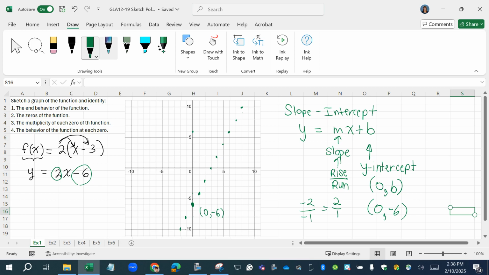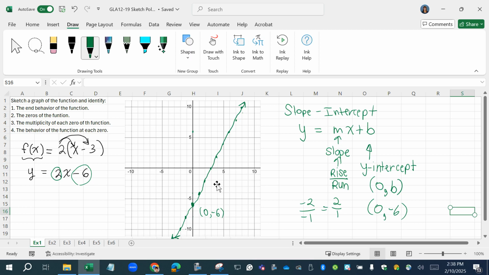And that's going to create a nice linear pattern that I can connect. And really, we only needed 2 of those to create a line, because as soon as you have 2, you can connect those with a straight edge. And I'm trying to make this as straight as I can on my slippery monitor that I'm drawing on here. But that's a very rough sketch of what the line should look like.